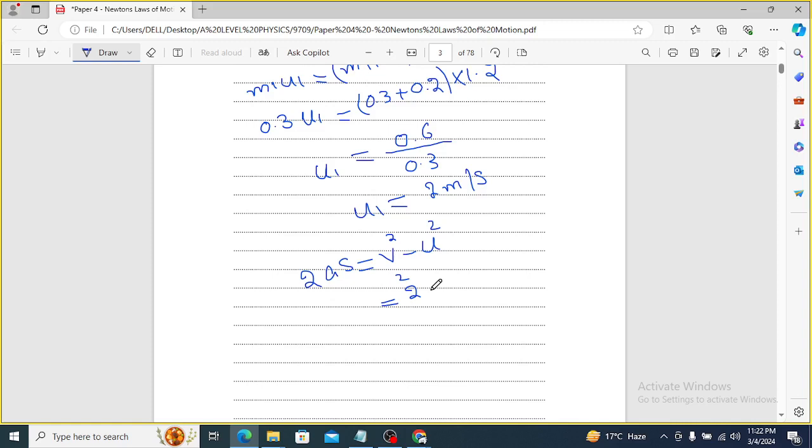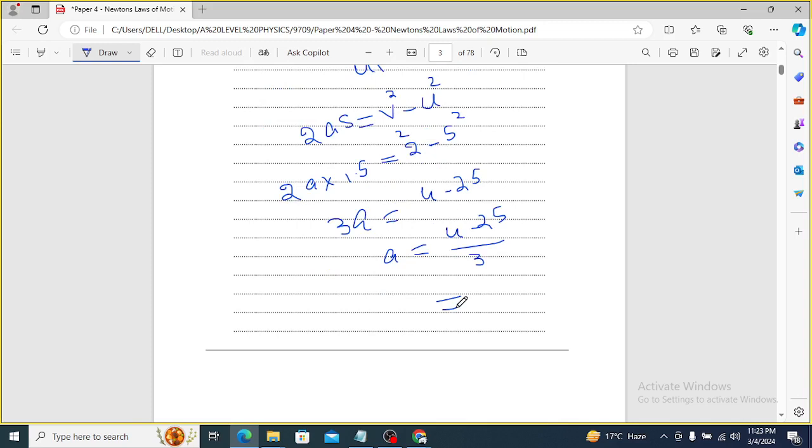So 1.5 into 2, this is 3a equals 4 minus 25. So acceleration equals 4 minus 25 divided by 3. Minus 21 over 3 will give you minus 7 meters per second squared.